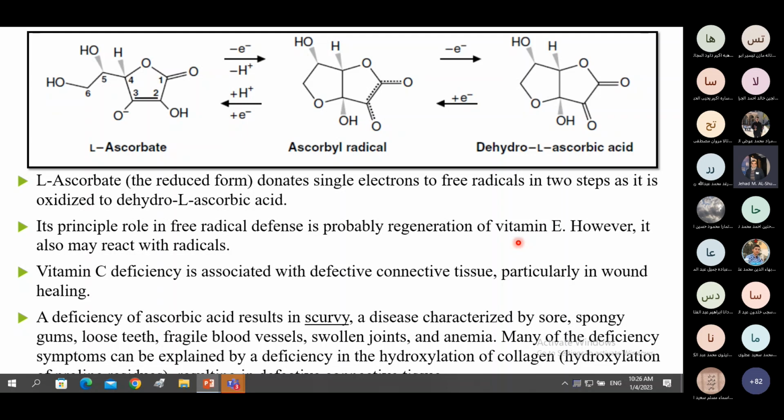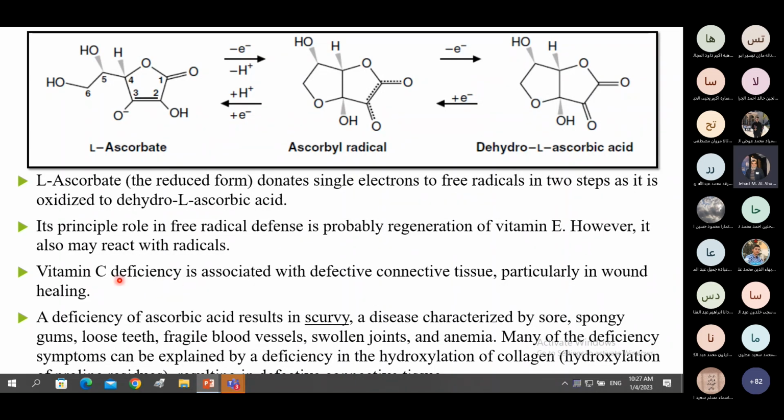This is why it can penetrate into the cell and out of the cell, while vitamin C is water soluble, so its movement in the cell is not easy. So which one is more efficient in fighting the free radical? Vitamin E, because it is lipid soluble.